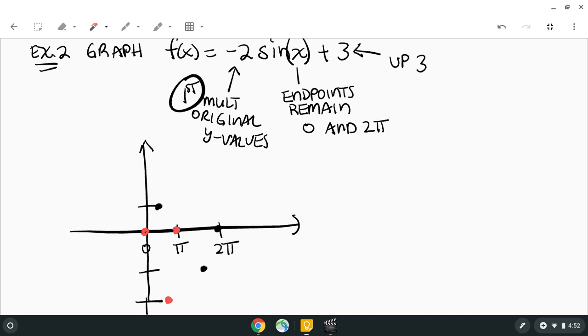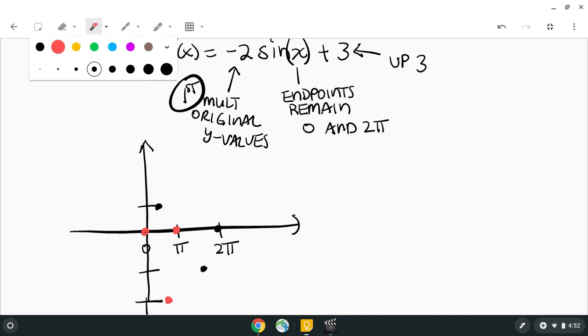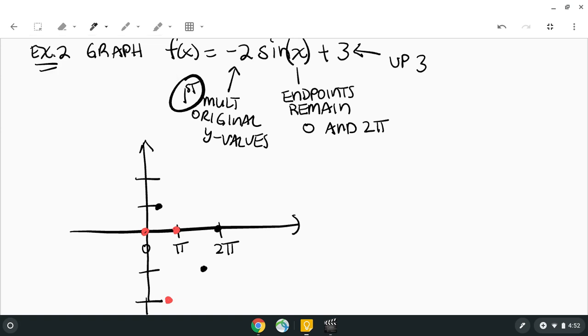This third point at pi, the y value is 0, so 0 times -2 is still 0. The next point down below is -1. -1 times -2 is +2, so I need to get that up here.